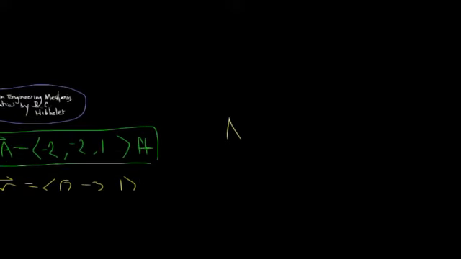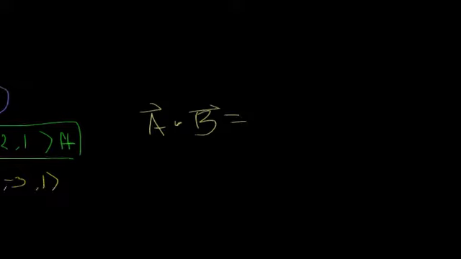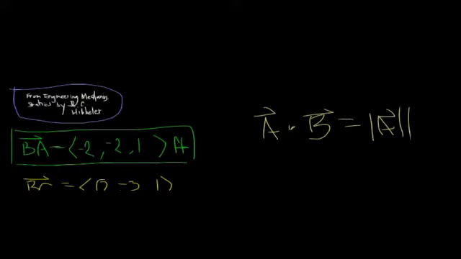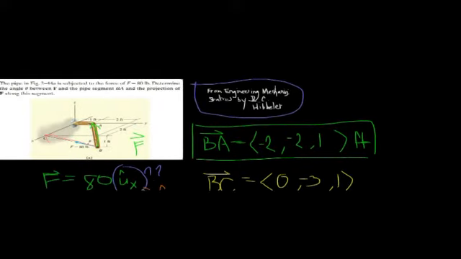A dot B, this time it's not cross, is equal to the magnitude of A times the magnitude of B times cosine theta. Is that right?